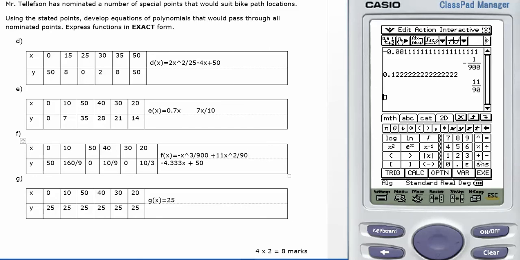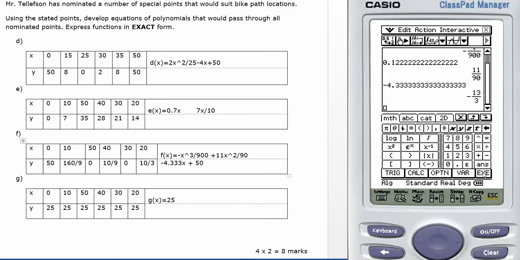And I've got negative 4.333, that's looking to me like 4 1/3, which should be 13 on 3. And I get negative 13 on 3. Whoops. That's divided by, what was it, 90? And it was to the power of 2. And this becomes negative 13 on 3. And that's 50. And that's it.